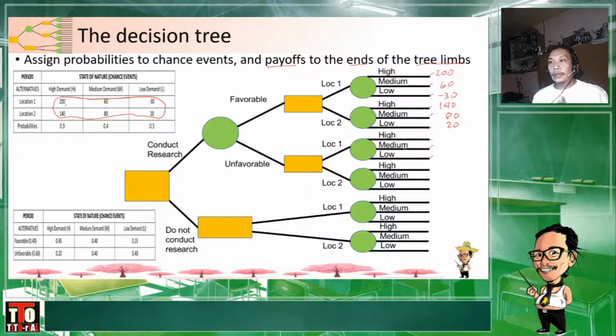Now, it was not said that when the market is unfavorable, the demand changes. What was said is only that the probability changes. So, basically, we just have to copy our demand. But then again, guys, there are some decision tree problems where the demand or the payoff also changes. These are what we call payoffs. So, the payoffs also change depending on whether it is location 1 or location 2, or depending on the decision you have to consider.